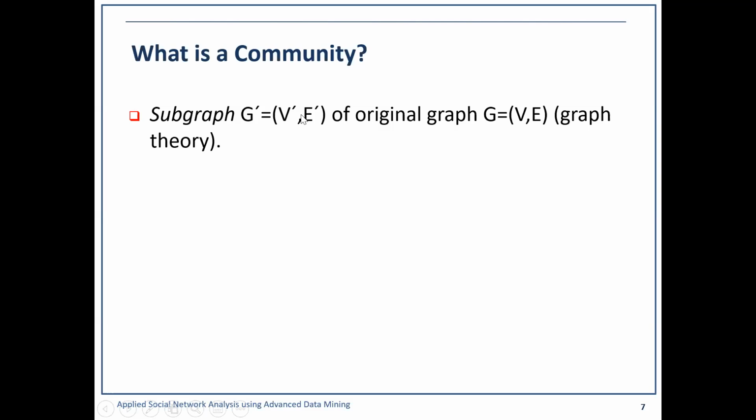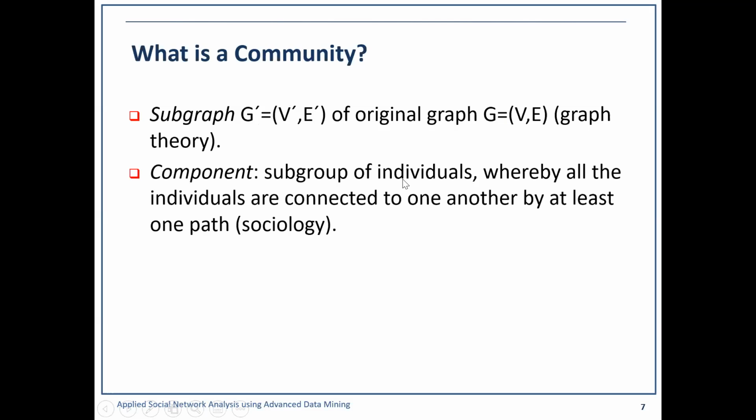Okay, and a subgraph is simply a graph by itself where V prime is a subset of the original set. So the nodes are a subset of the original set of nodes, and the edges are a subset of the original set of edges.